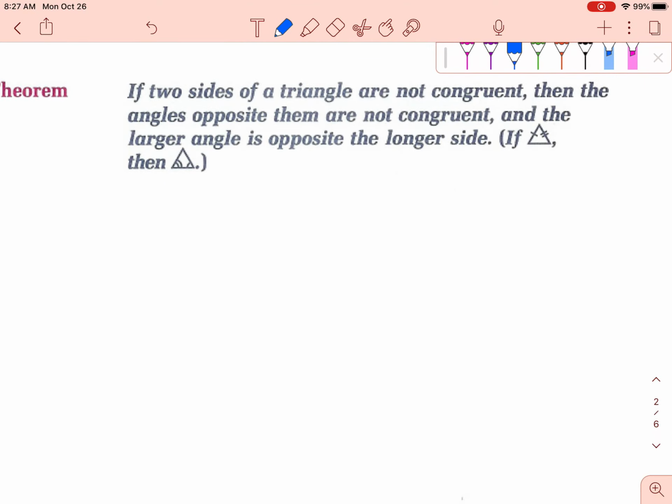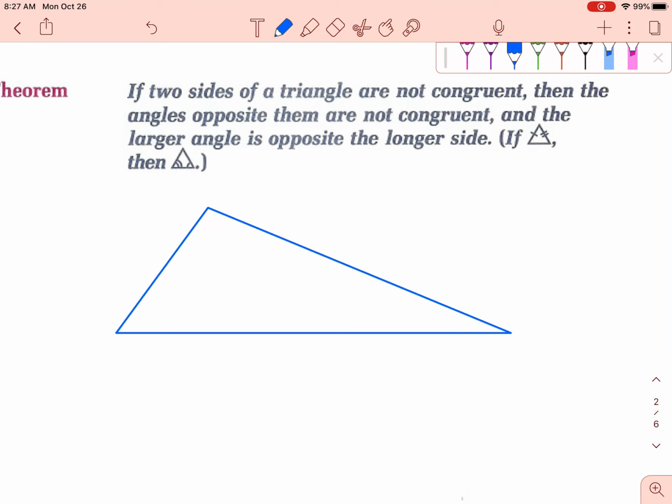The next theorem: if two sides of a triangle are not congruent, let me draw this kind of obscure so you can see this. If two sides of a triangle are not congruent, so I'm going to tell you that AB is not congruent to BC, then the angles opposite them are not congruent.